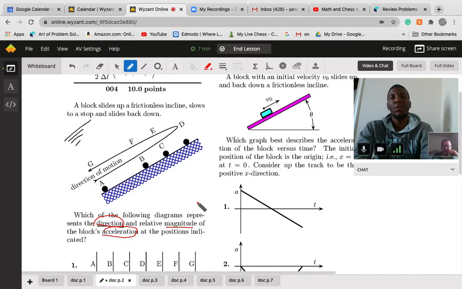Right. See, the force analysis like this.